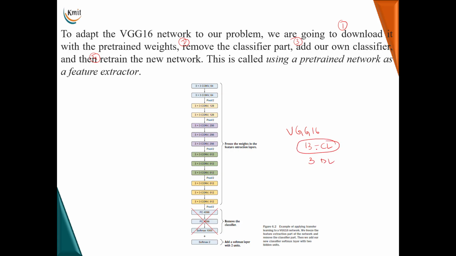These convolutional layers, which have extracted features, that is, which have learned all the general features of the ImageNet dataset, will be frozen. These 3 dense layers will be removed and we add a softmax layer with 2 units, as our classification task has 2 labels, dogs and cats.